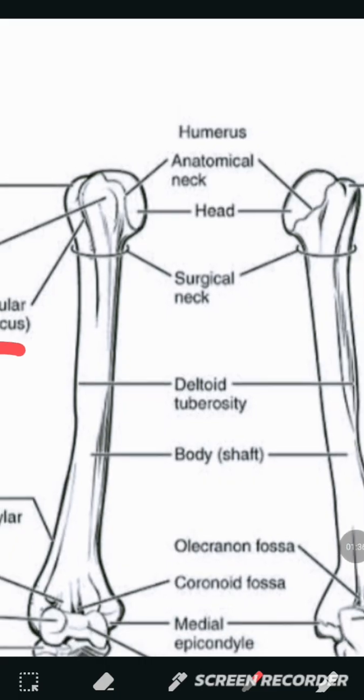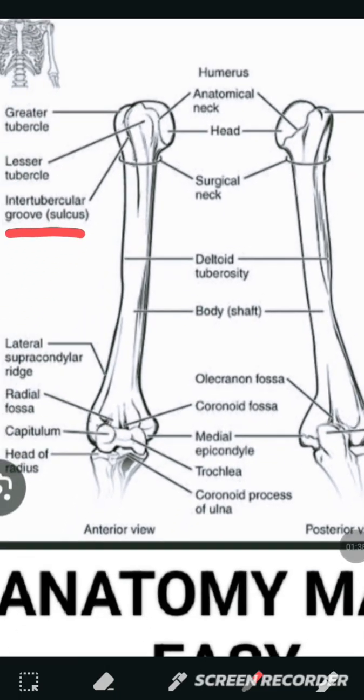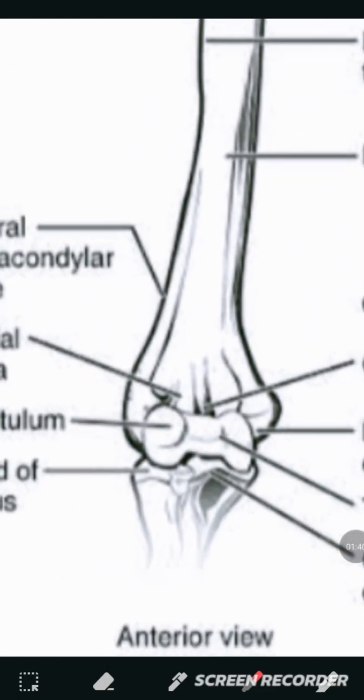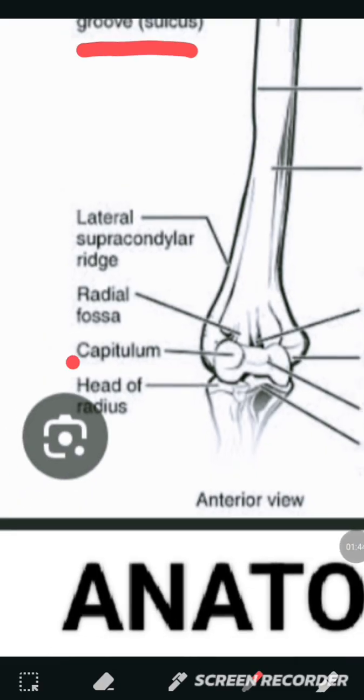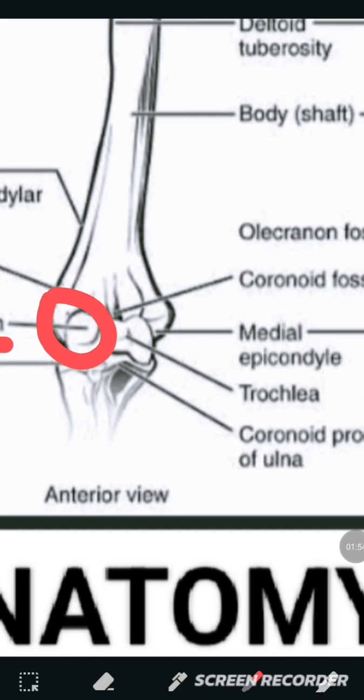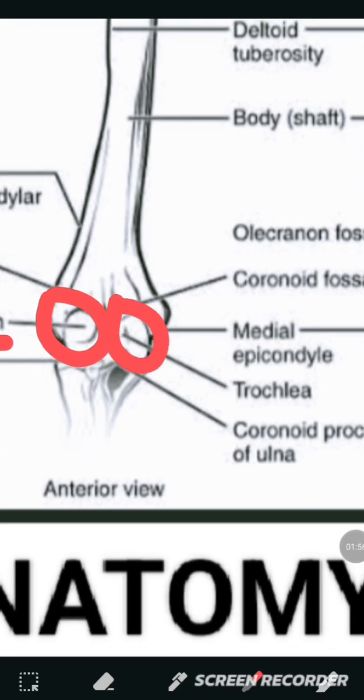Similarly, after the upper end, now we have the lower end. The lower end consists of the capitulum, which articulates with the head of the radius bone to form the elbow joint. And we have this trochlea.